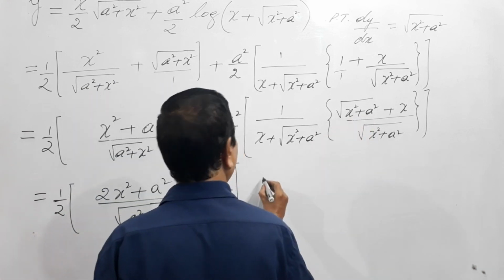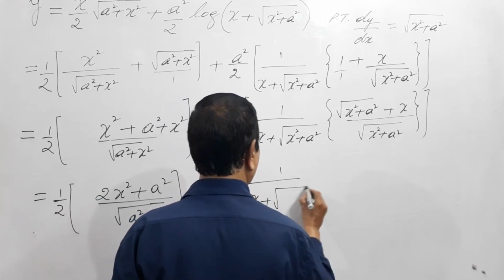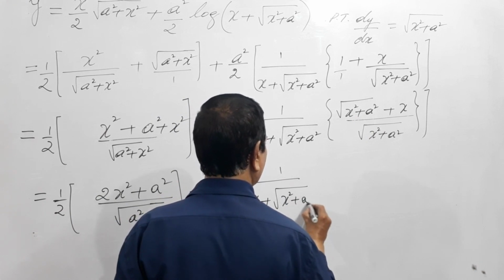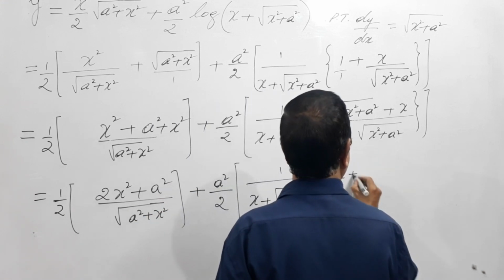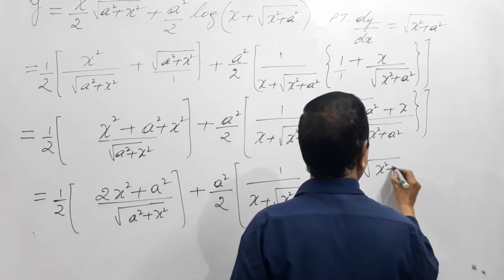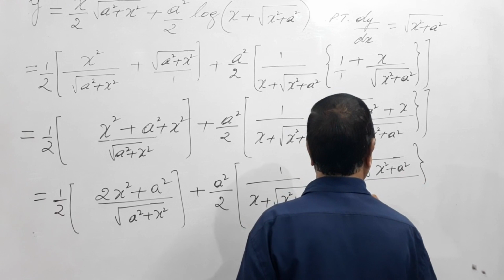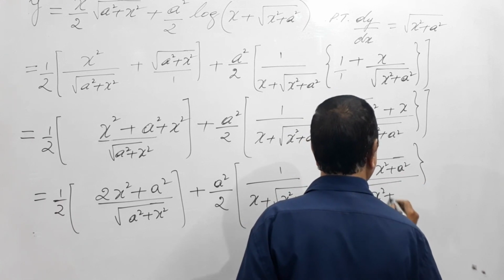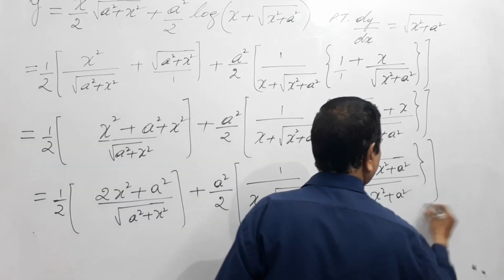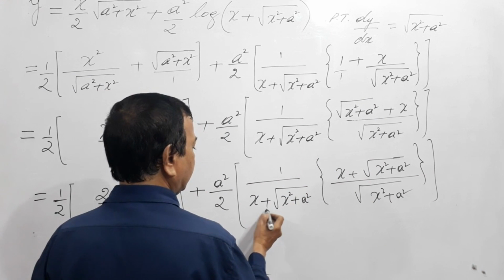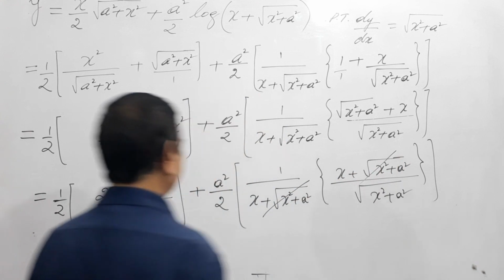So I rearrange this. So this is 1 by x plus x square plus a square. I write this x plus under the root x square plus a square divided by under the root x square plus a square. So this is in the square bracket. So what happens? We have x plus under the root x square plus a square, x plus is this and this cancels.